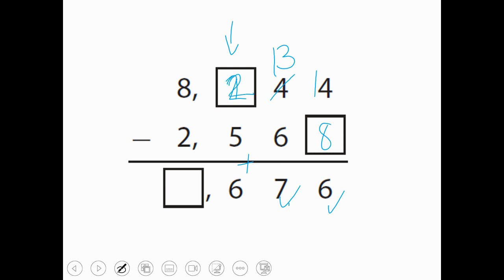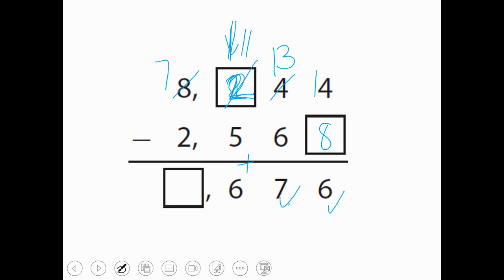So the original number that was here was a 2, because I know that they borrowed from it, made it a 1, right? And then they borrowed from this 8, made it a 7, and that became an 11. And 11 minus 5 is 6. So that's how I'm going back. Remember I said we're going back and we're doing our steps. So here, my original number here is a 2.